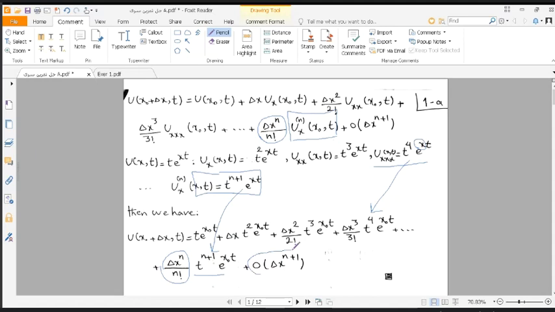O of delta x power n plus 1 is the truncation error. The order of the error is n plus 1. The power of delta x is the order of the truncation error. Is it okay? Okay.